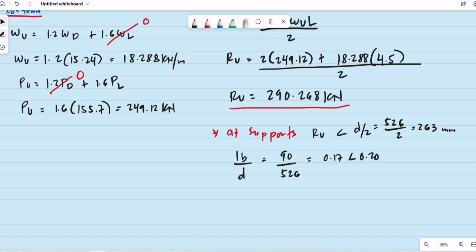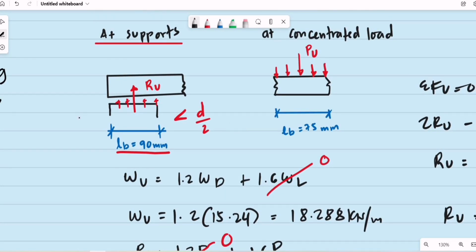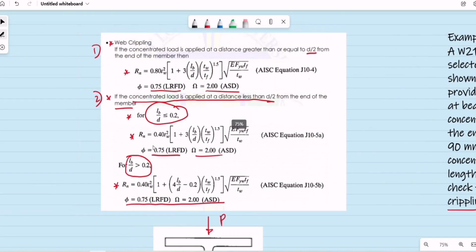And again, this R sub U is acting within this bearing length of 90 mm from the left end. It is less than 263 millimeters. Is it 263? Yes. So therefore, we'll be using this equation.